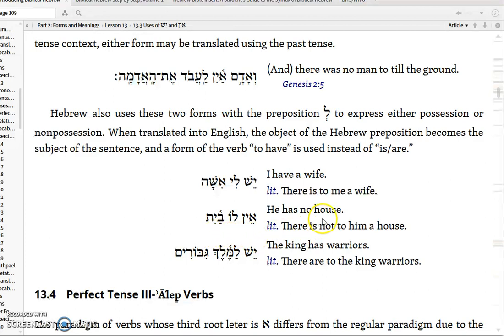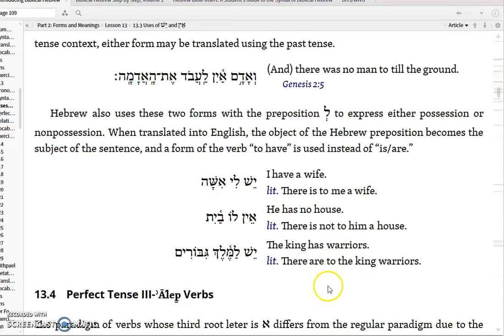He has no house. Or yesh lamelech giborim. There is to the king warriors. The king has warriors. So if you have a homework exercise that asks you to say someone has something, you'll have to reword that to there is to that person whatever it is that they have.